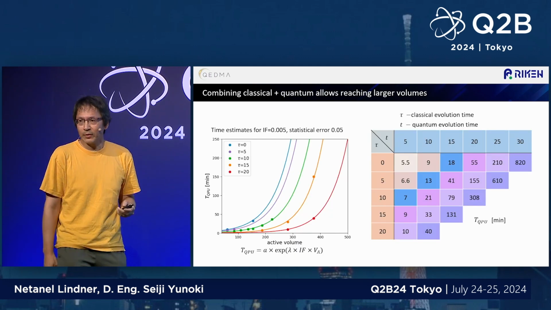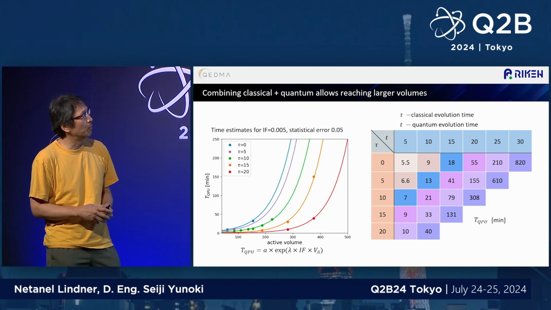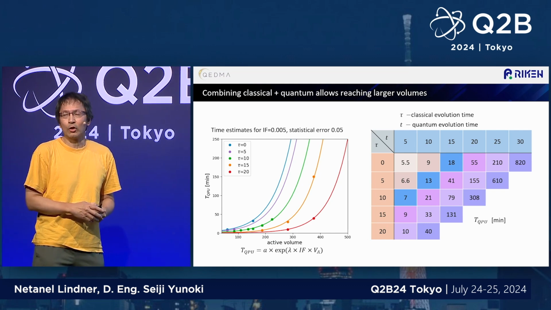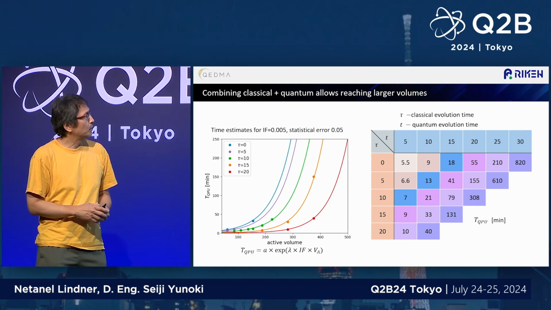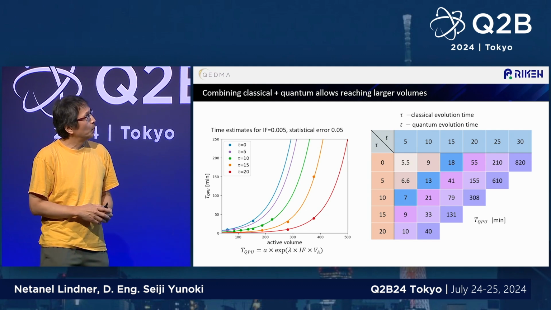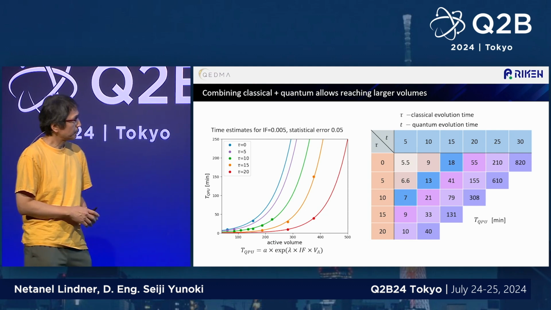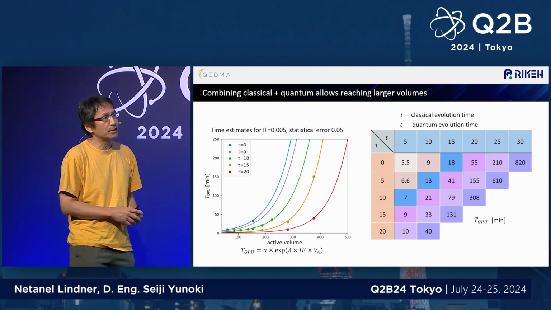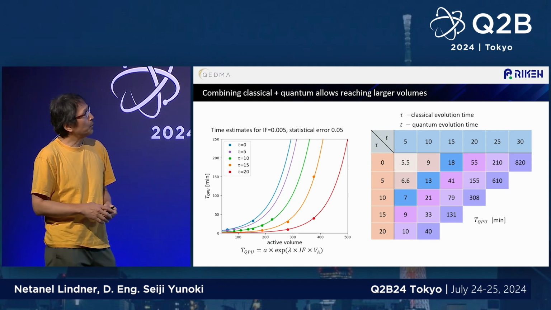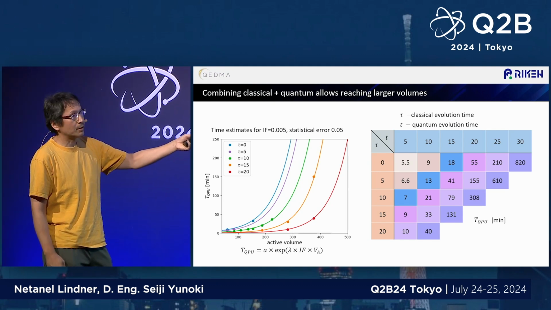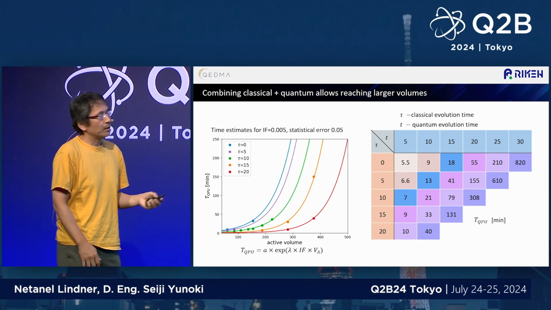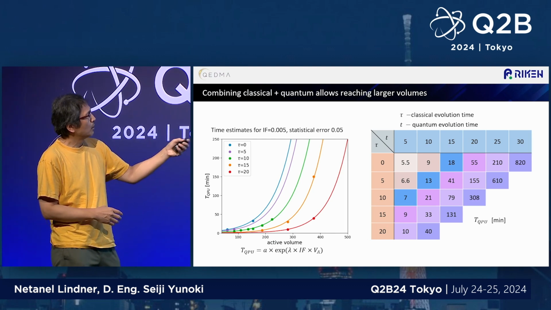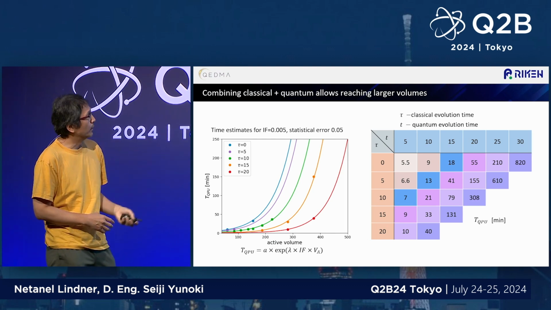So what is the most beneficial in combining classical and quantum computations is that we can significantly reduce the QPU time required to measure an observable with a given statistical error. Doing systematic experiments for smaller systems using different IBM computers denoted by solid circles in the left panel, we can estimate with some confidence the required QPU time as a function of active volume VA in the quantum circuit over there.